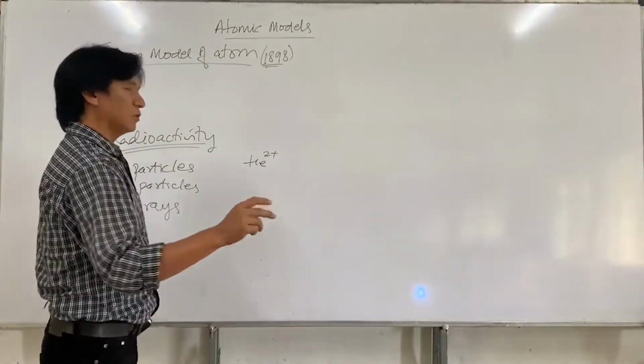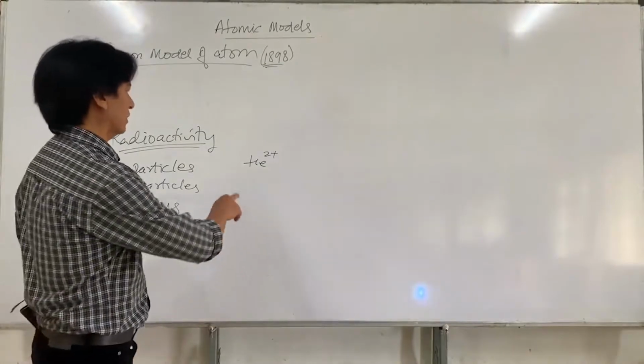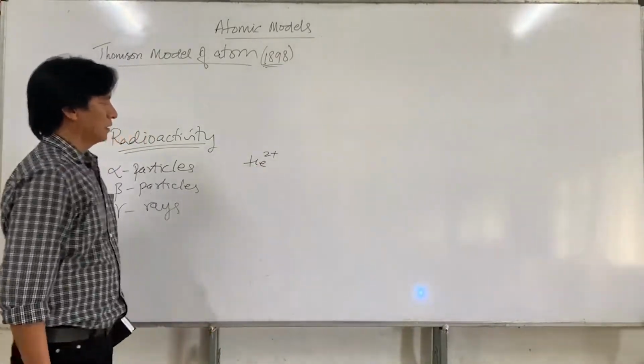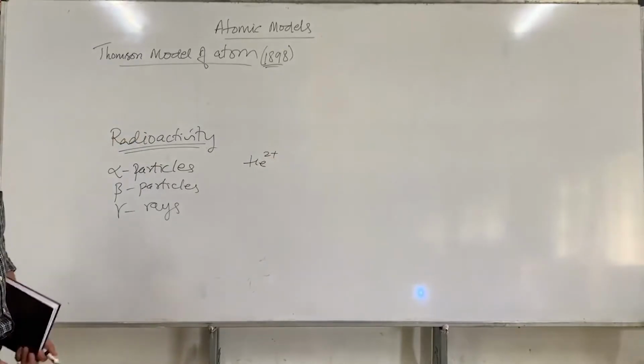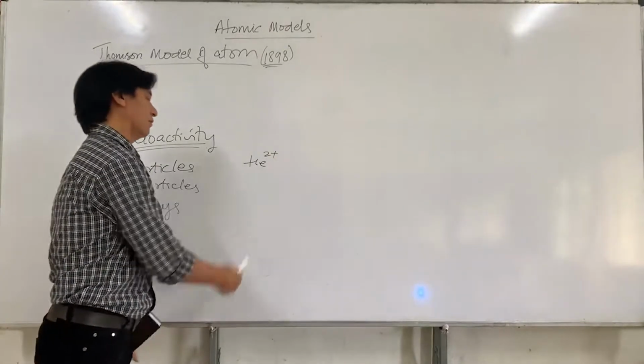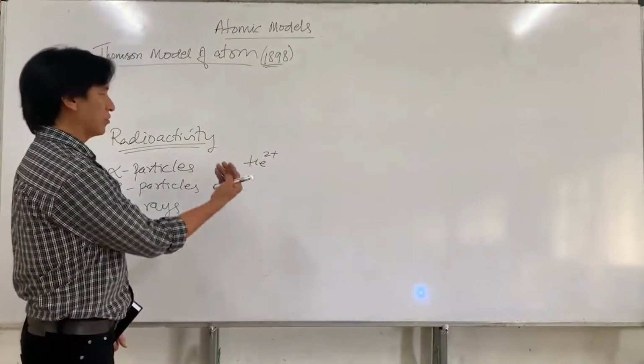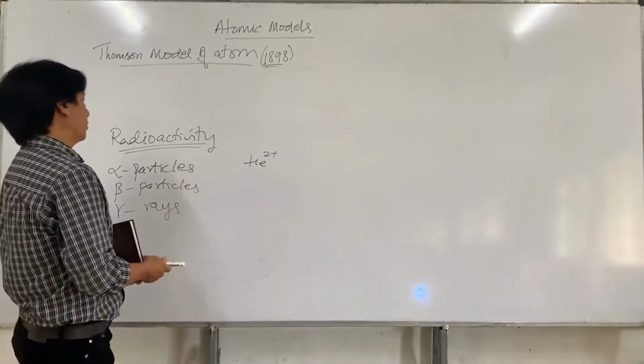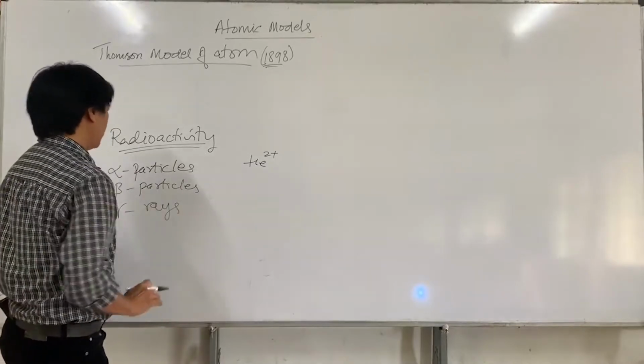When an atom of helium loses its 2 electrons, then it becomes a helium ion, that is He2+ with 2 positive charges, and then there are 4 nucleons, that is protons plus neutrons, inside the nucleus. So these are positively charged particles. And then next you have the beta particles.